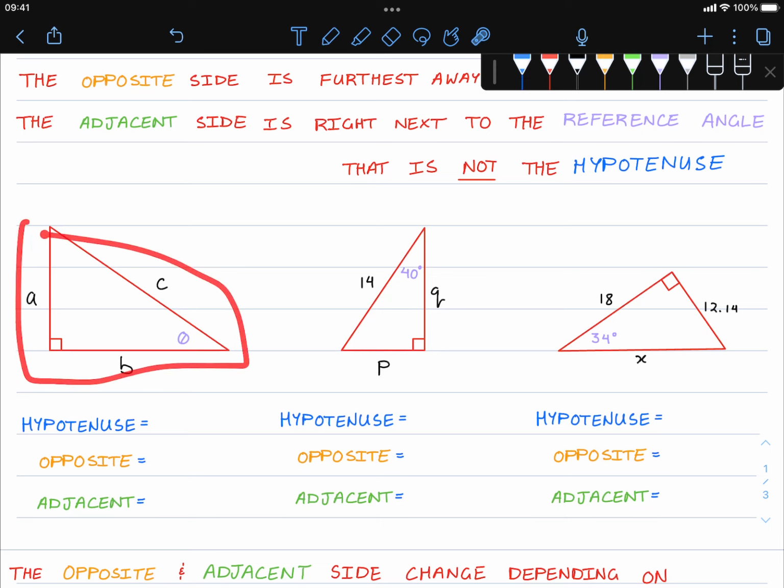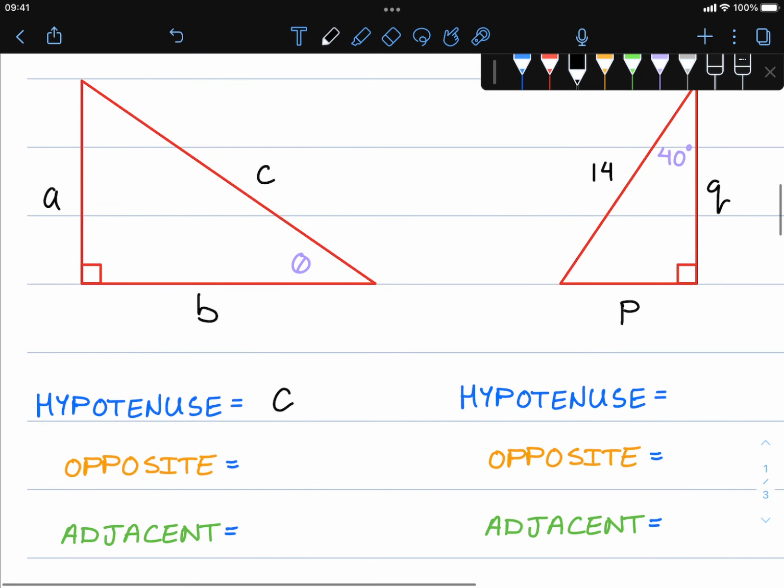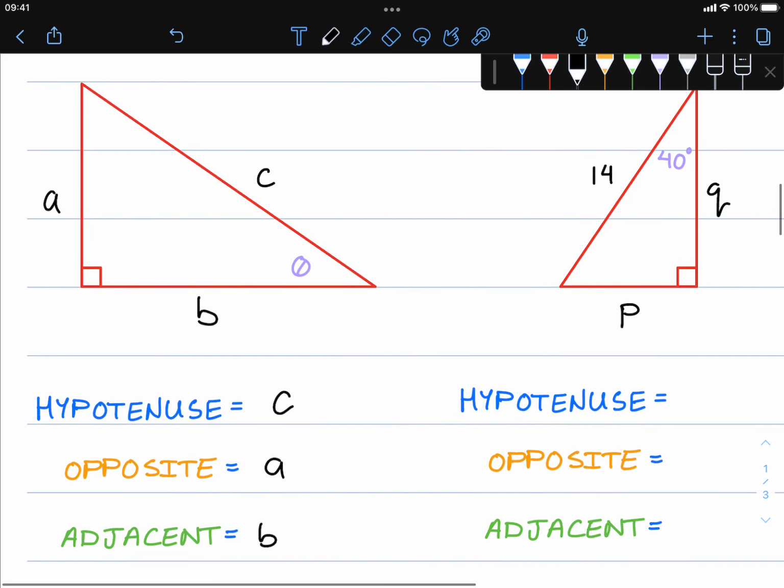In this triangle, the hypotenuse is opposite the 90 degrees. So side C is the hypotenuse, and the opposite side is the one furthest away. So A is opposite and B is adjacent.